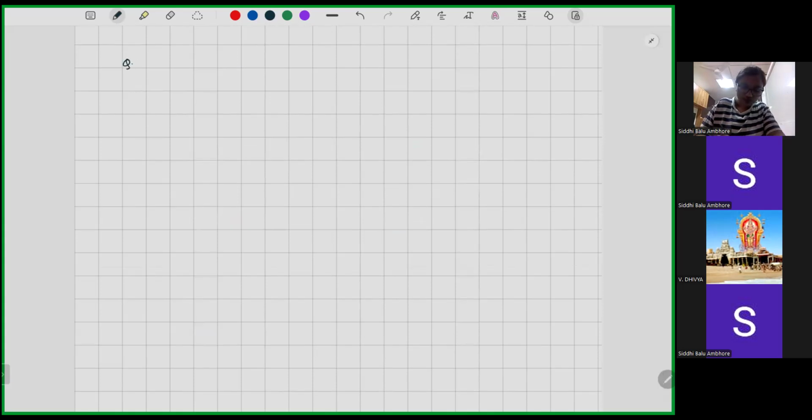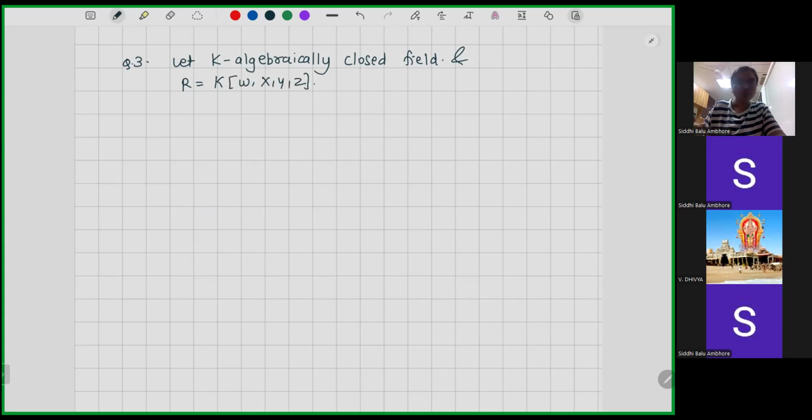Question 3. Again let K be an algebraically closed field, and R is this polynomial ring over K, and I is my ideal (YW minus XZ).